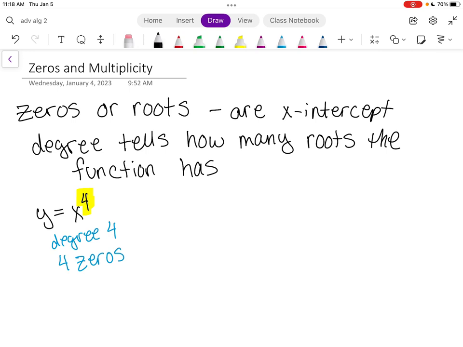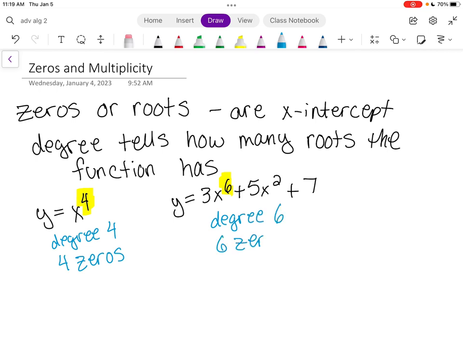If you had something like y equals 3x to the 6 plus 5x squared plus 7, the degree of this polynomial is the largest exponent, so that largest exponent is 6. So this one would have a degree of 6, and this would also have 6 zeros.